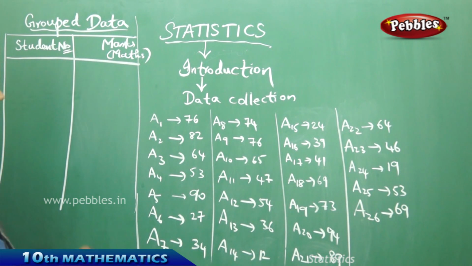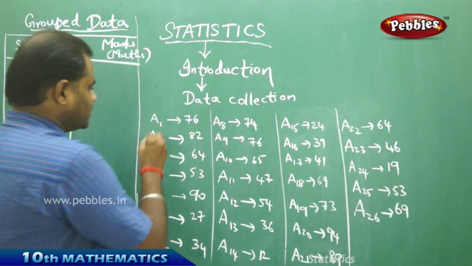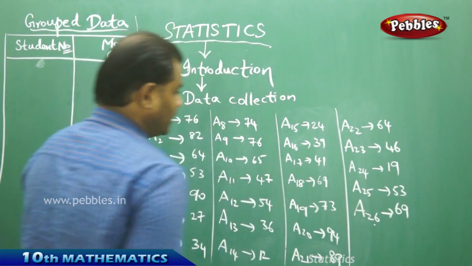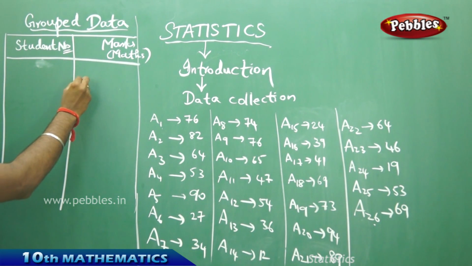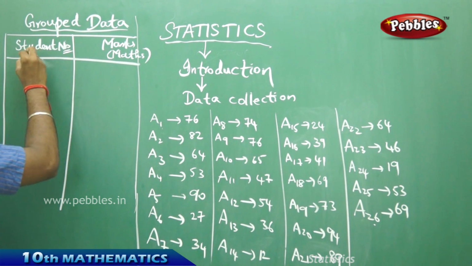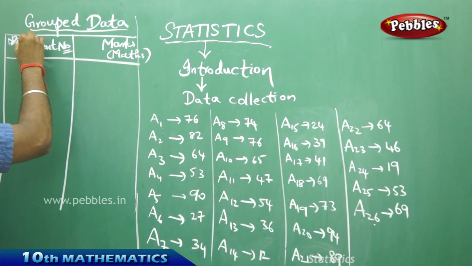Now coming to that, we have the students ranging from A1 to A26, where initially I would start with the students who got the marks or number of students.